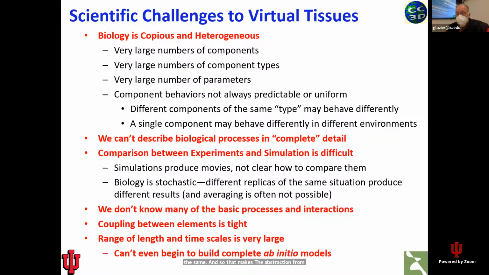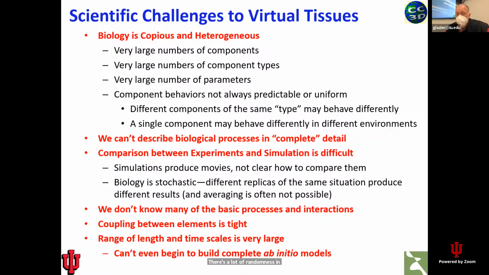We certainly can't describe biological processes in complete detail, and it's not going to come up so much in this course, but when you start building applications, you'll find that comparing experiments and simulations is a little bit problematic. For one thing, biology is stochastic. There's a lot of randomness in biological processes.